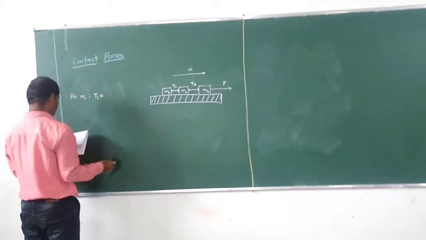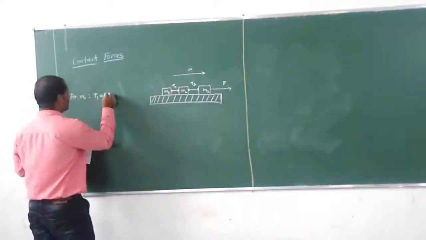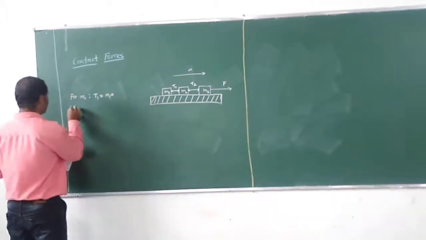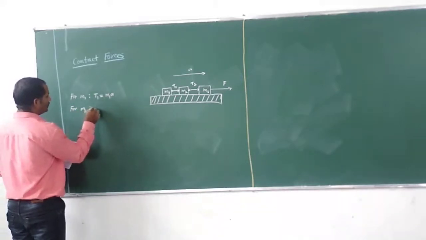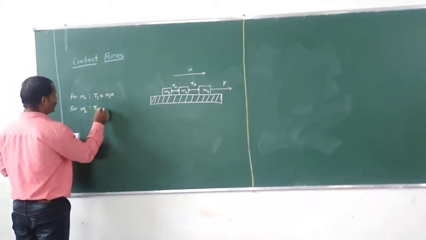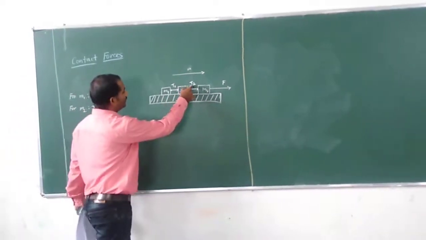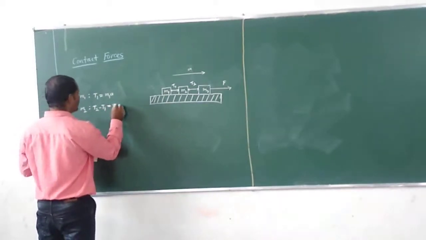T1 is equal to m into a, right? तर m1a. Similarly for T2, for m2, T2 minus T1 is equal to m2a.